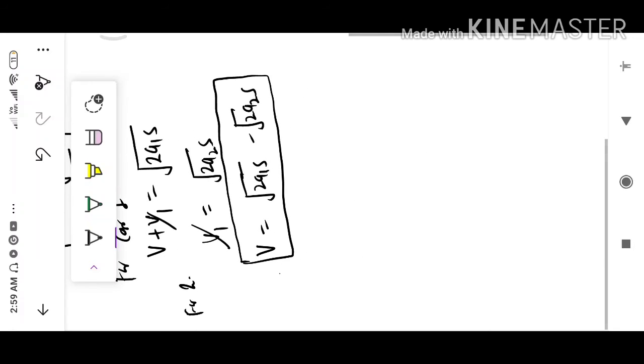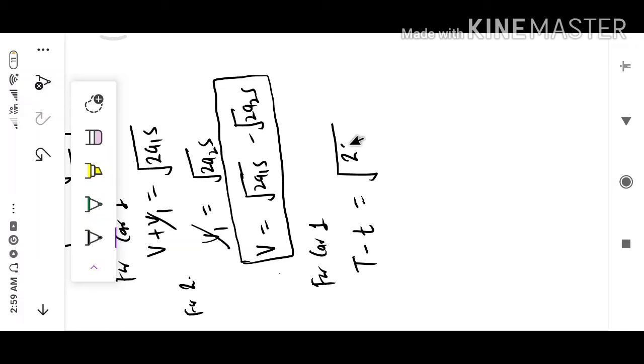Now write for time. For car A, or car 1, what is the time basically? It is capital T minus t is equal to, remember the equation for time period we already derived, root 2s upon a1, that is for car 1.